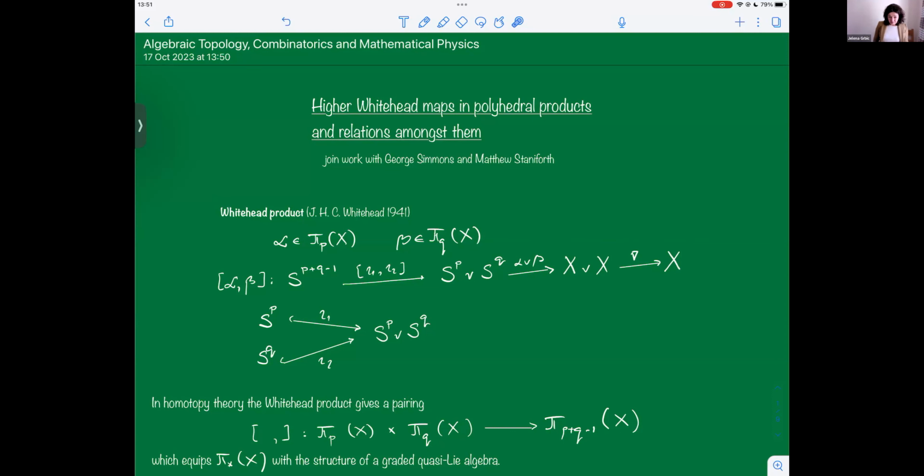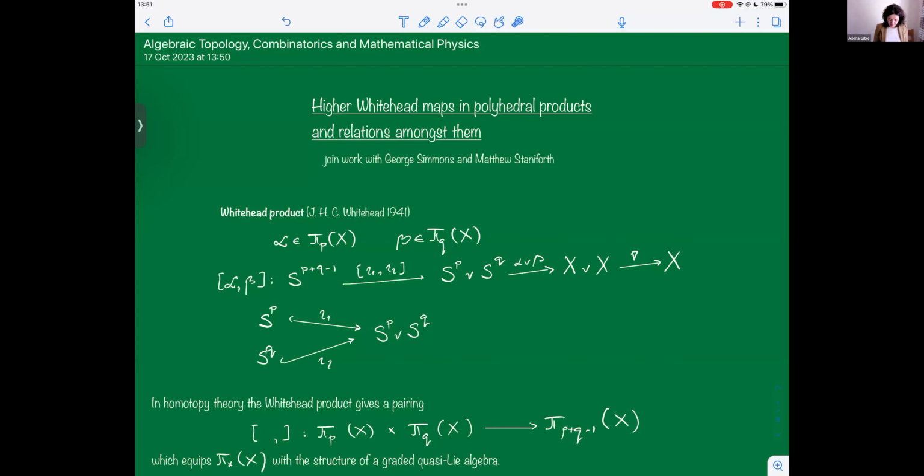The motivation for this study was classical Whitehead products, which were introduced by Whitehead in '41 as the attaching maps for the product of two spheres.